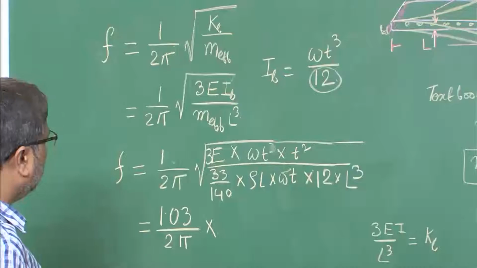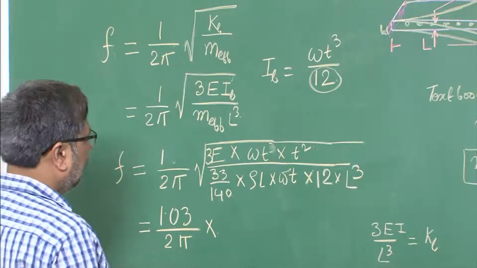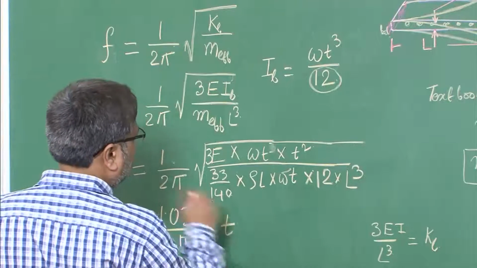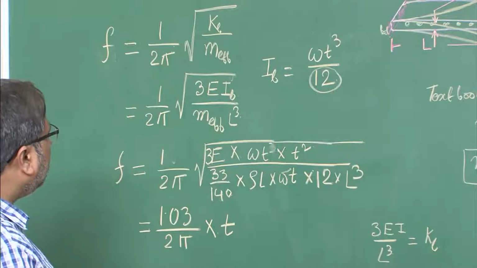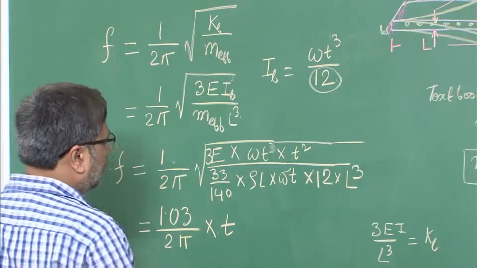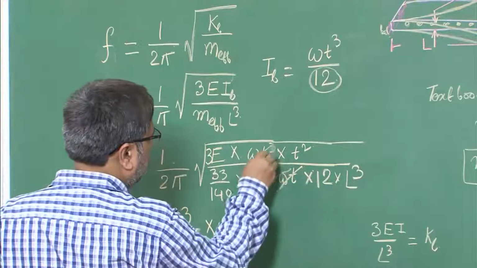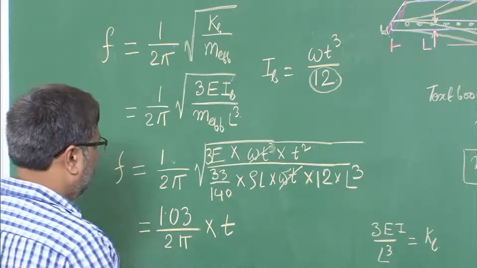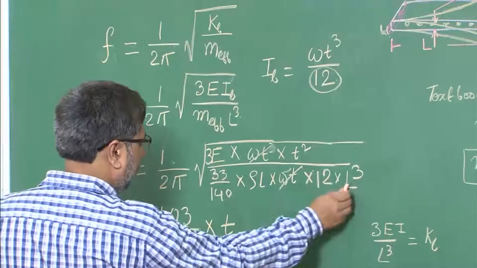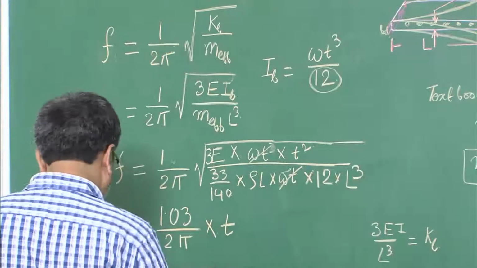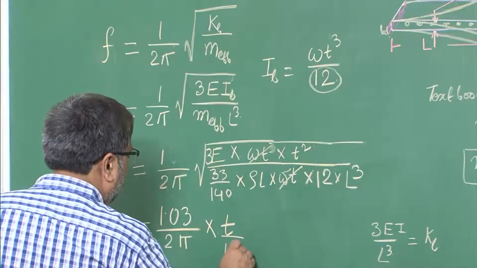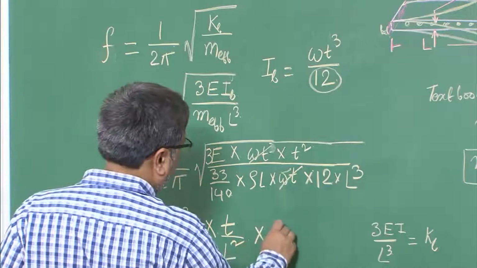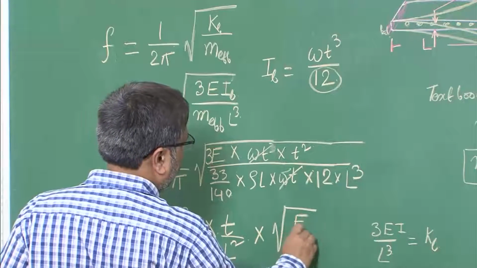If I write like that, then I have no problem, I am actually getting the T out. And then the WT, of course, it is a free variable, but it is cancelling in this case. So, that is also fine with us, and L to the power 4 is there. So, we can actually bring L square here, T over L square, and we do not want to touch them either. And finally, we have square root of E over rho.